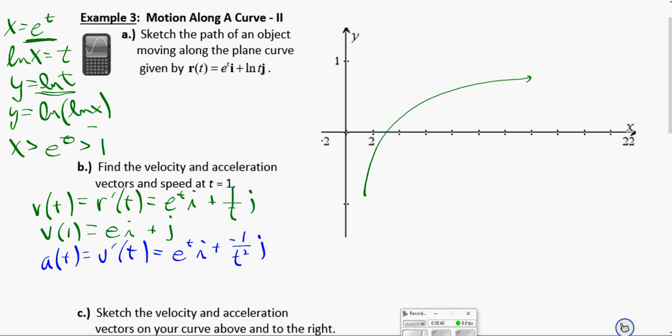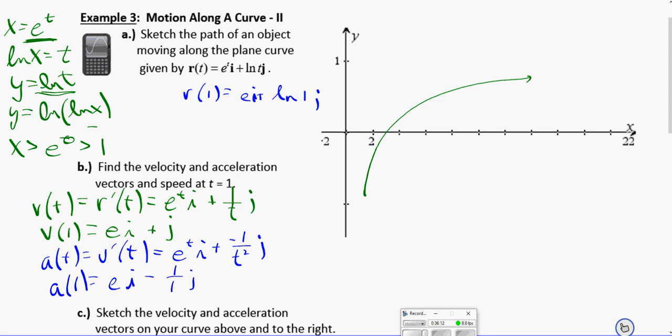So now we're going to find the acceleration vector at 1 by taking a of 1, and it's going to be e to the 1 times vector i minus 1 over 1 squared times vector j. So if I wanted to sketch those vectors at those times, at the point 1, we see that r of 1 equals e i plus ln 1 j.